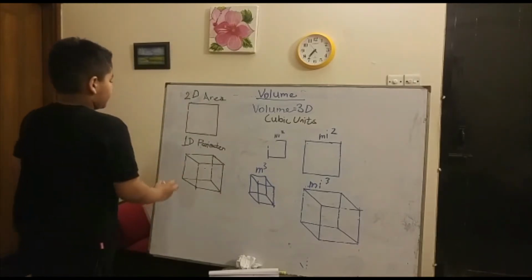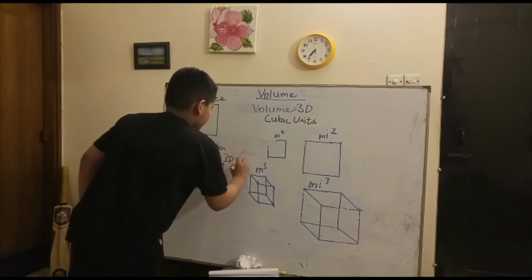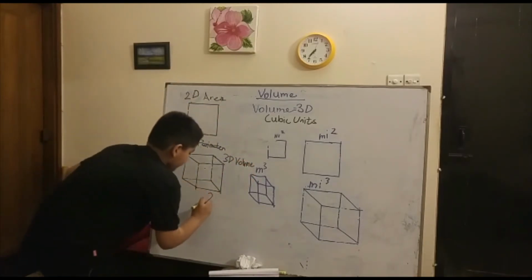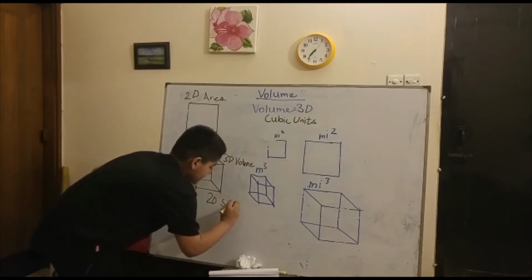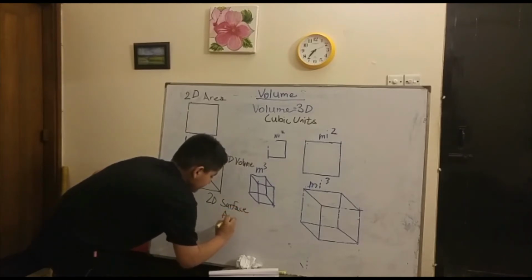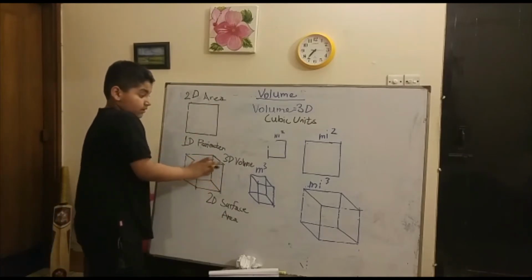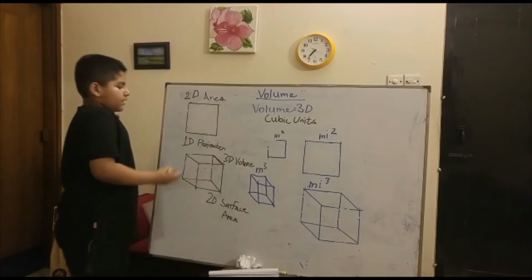So a 3D shape has a 3D quantity called volume. That's what we are learning. But it also has a 2D quantity called surface area. It's the area of one surface.